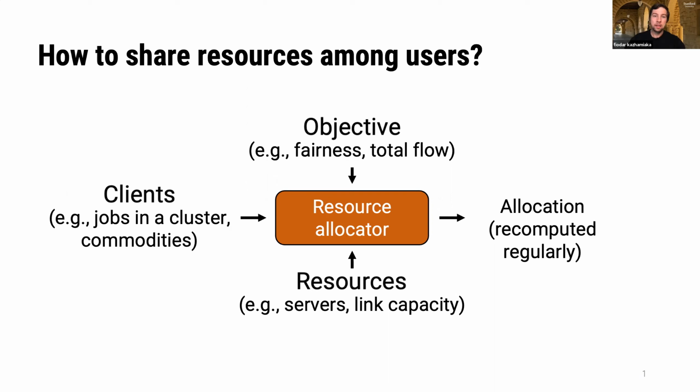And it outputs an allocation, which maps clients to resources in the system. This abstraction applies not just to cluster scheduling, but to other systems as well. Clients can be commodities in a network where we allocate link bandwidth in order to maximize the total amount of flow, for example. The allocation might be recomputed every few seconds or every hour, depending on the temporal properties of the clients using the system.